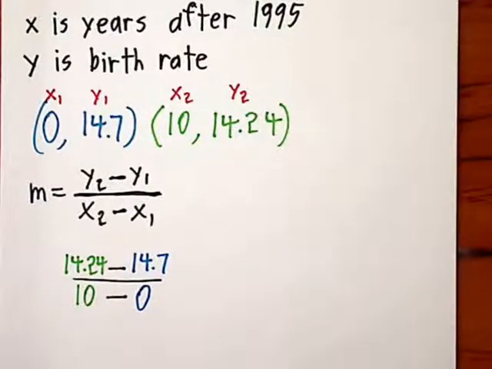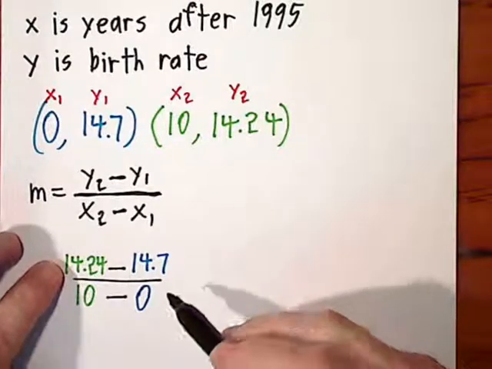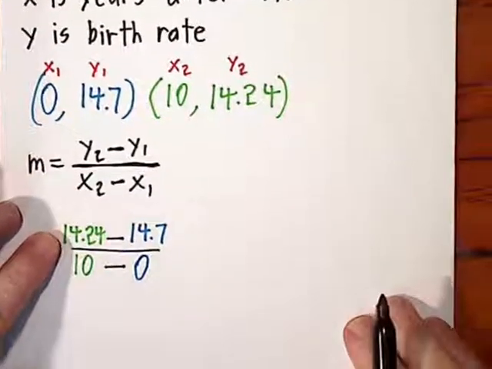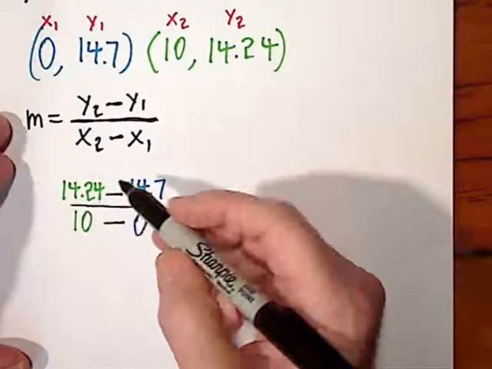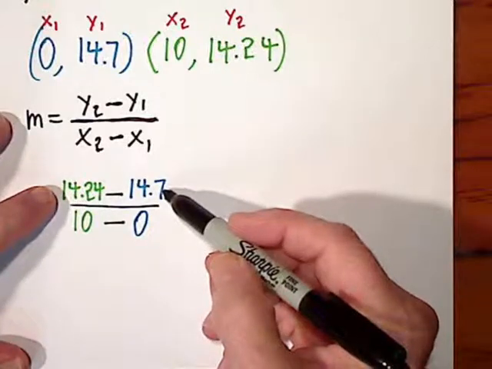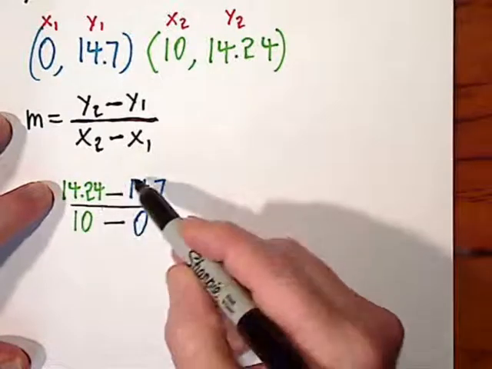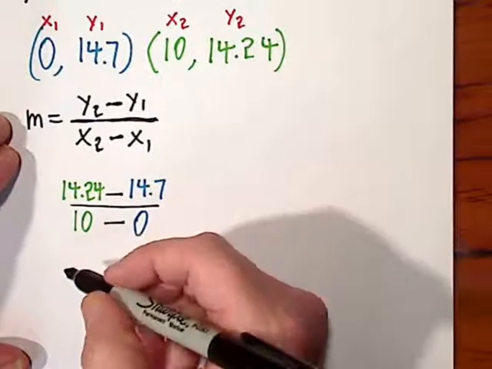And doing these calculations, I'll slide this up some more. All right, so we've got 14.24. Notice 14.7 is a larger value, so this is going to end up being negative. And you have to put 14.7 on top.